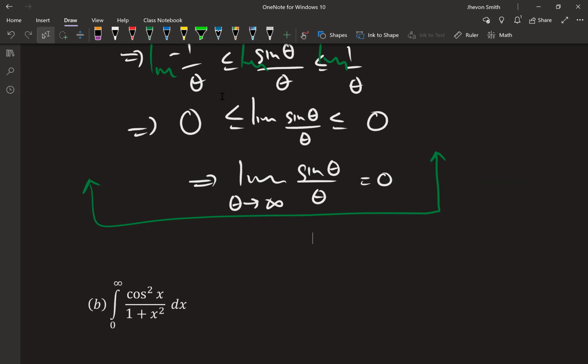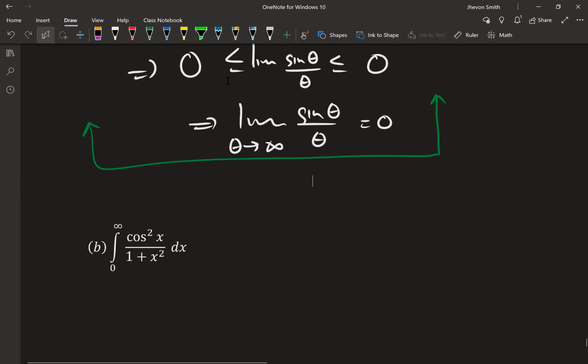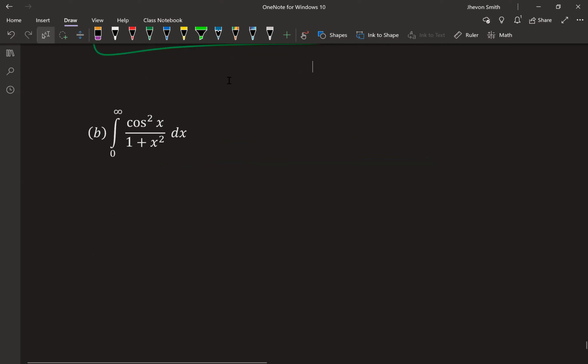Set up an inequality. What inequality? What inequality? How? Specifically how?